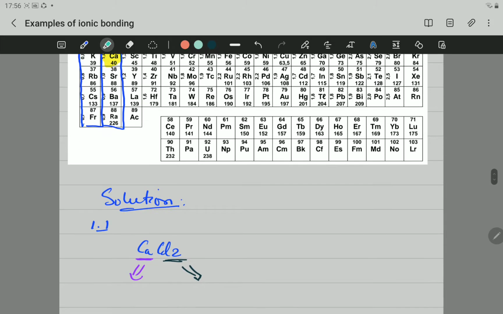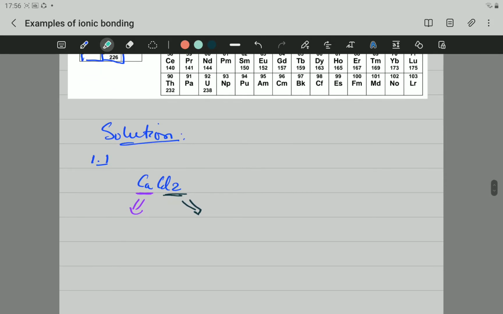Let's go to calcium. Calcium has 2 valence electrons, 1 and 2. What is calcium going to do? Calcium loses electrons, and it is going to lose those 2 electrons, and therefore calcium will become Ca2+, as we saw in the periodic table.